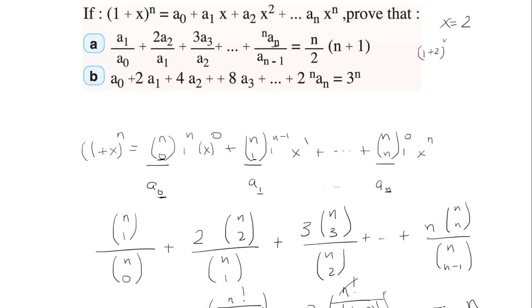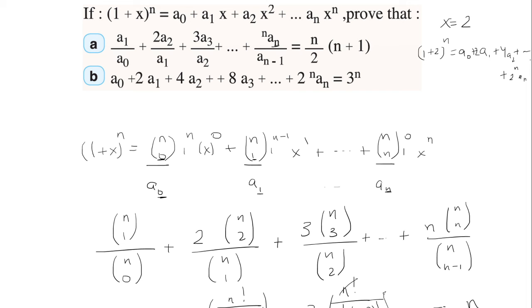Okay, so that's a0, 2a1, 4a2, you know, all the way up to 2 to the n times an.